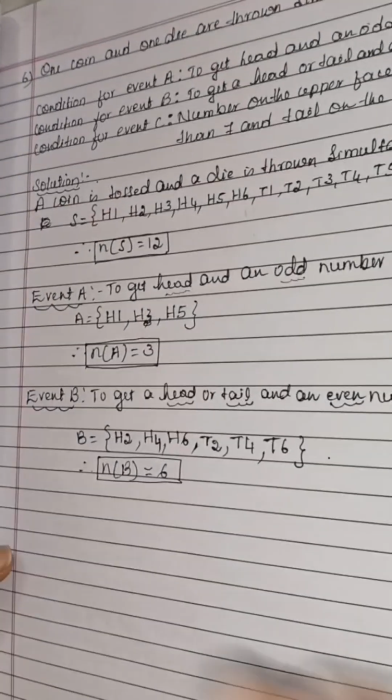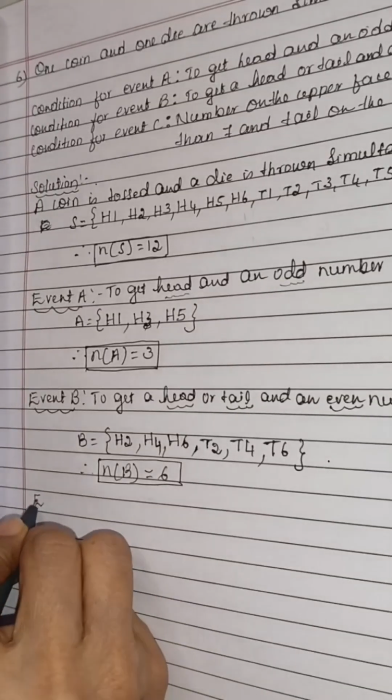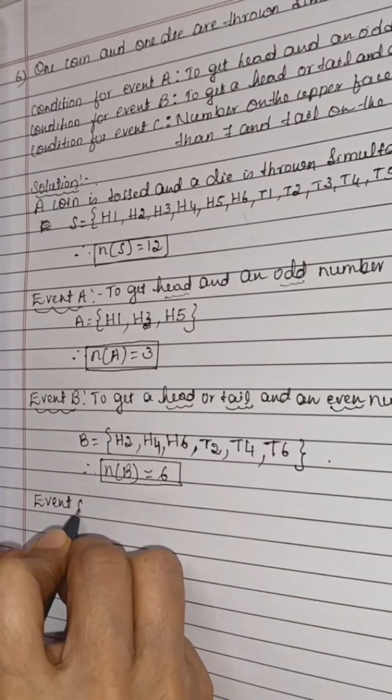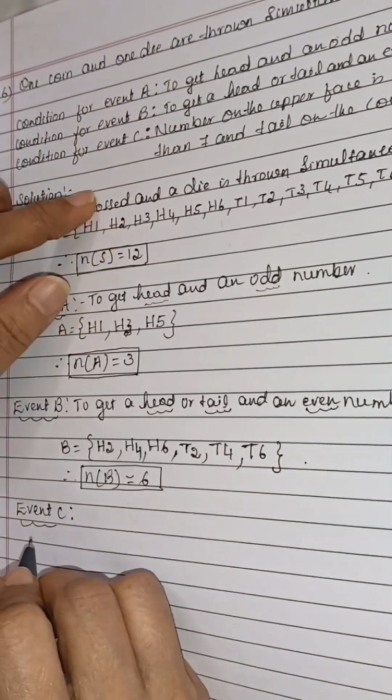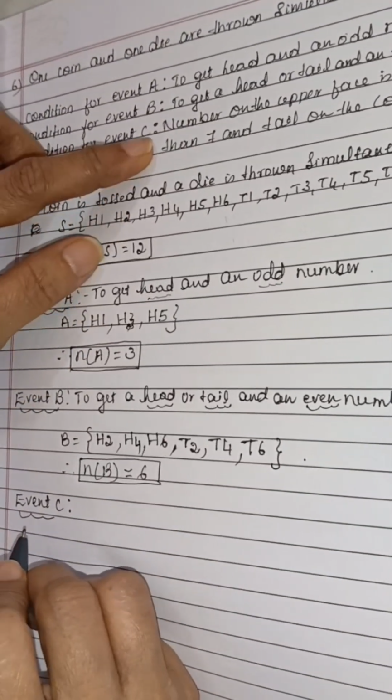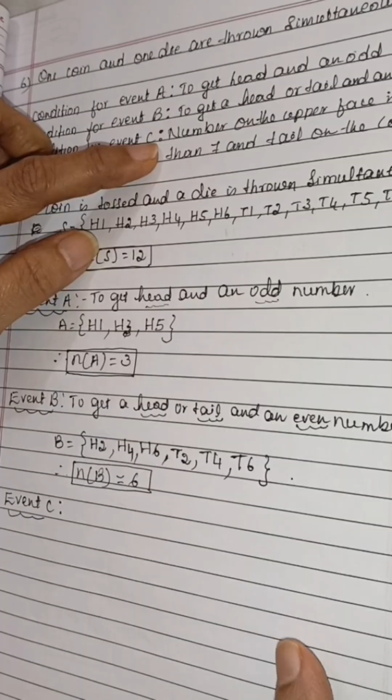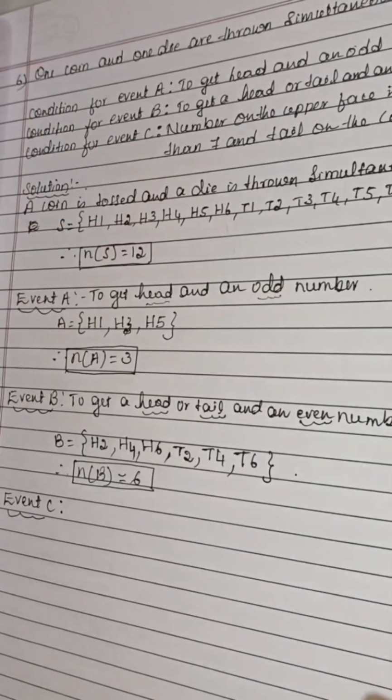Now event C. Event C: the number on the upper face is greater than 7 and tail on the coin.